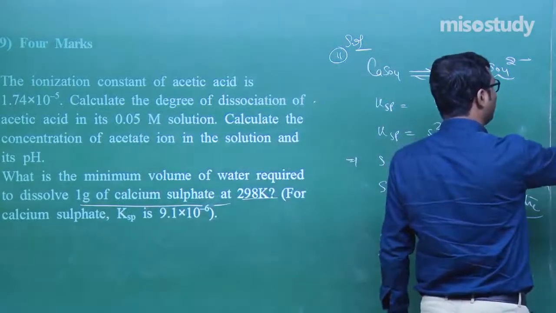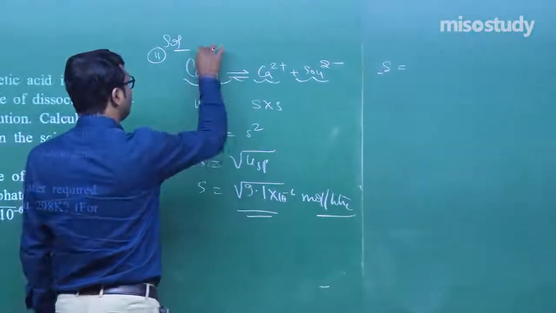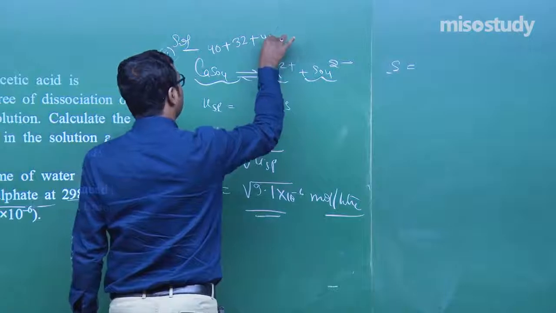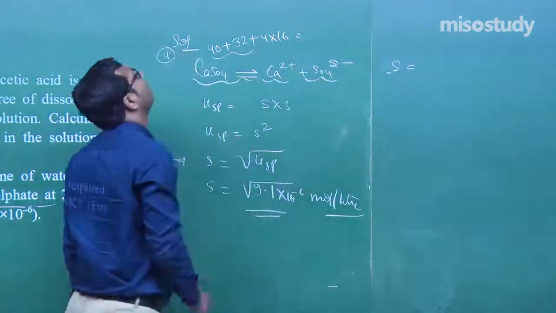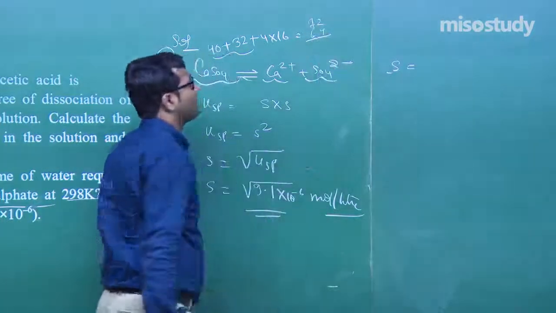Okay, S is equal to, then we can write what is the molar mass of calcium sulfate. Calcium is 40, sulfur is 32, oxygen is 4 into 16, that is 72 plus 64. 72 plus 64 will be equal to 136.